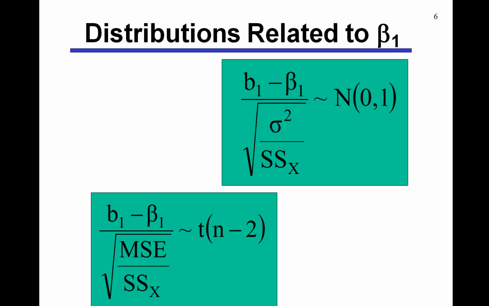And if we don't know sigma squared, which we often don't, and we substitute mean squared error, which is an unbiased estimator for sigma squared, then it turns out that the quantity B1 minus beta 1 divided by the estimated standard deviation of B1 has a t distribution with n minus 2 degrees of freedom. We lose 2 degrees of freedom because in our model we're estimating two population parameters, beta 0 and beta 1. For a discussion of this, you can see page 45 of our textbook.